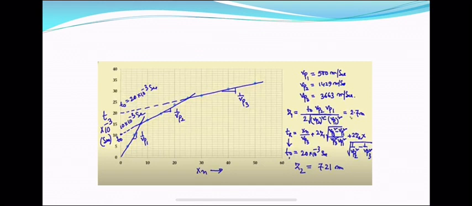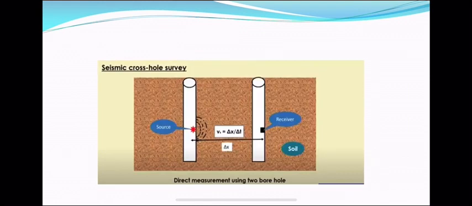Now the next thing is, if you don't get a good result because the condition is not satisfied, that is, your velocity is not increasing with depth and there is a hidden layer giving the opposite trend, then you have to go for the seismic crosshole survey, which is simple.